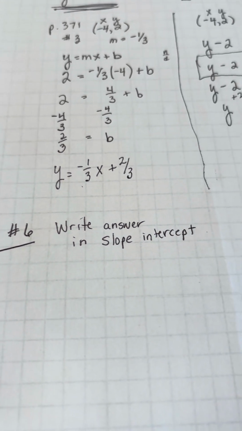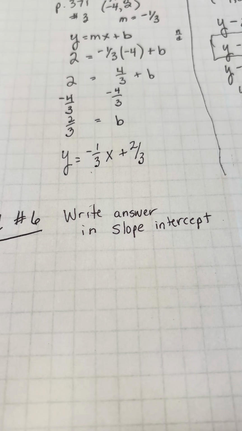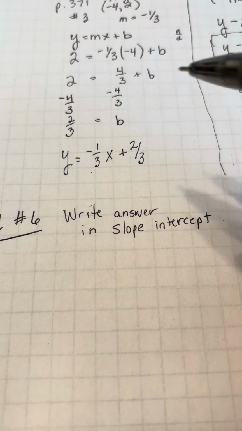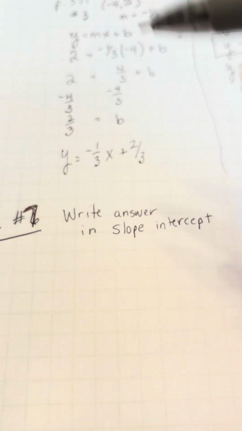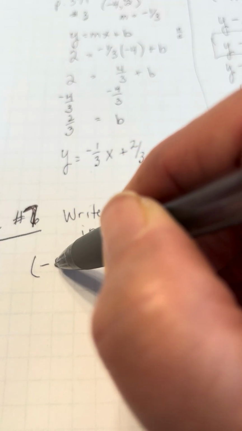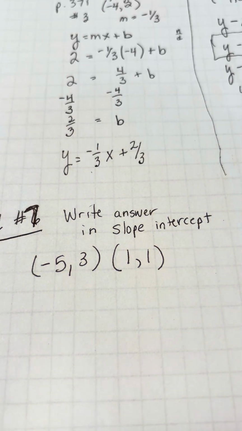Okay, so that means at the end, it's going to have to be y equals mx plus b. So you are given 2 points. This is not number 6, I'm sorry, this is going to be number 7. You've got (-5, 3) and (1, 1).